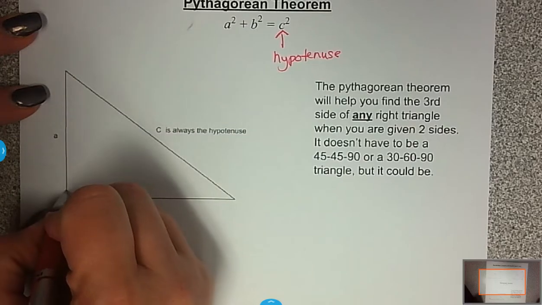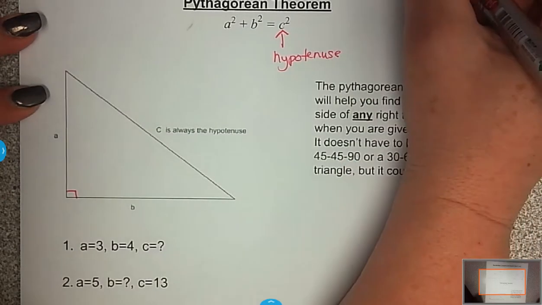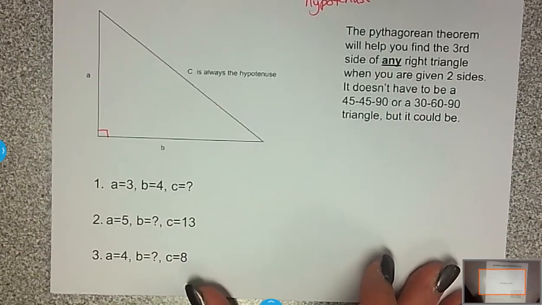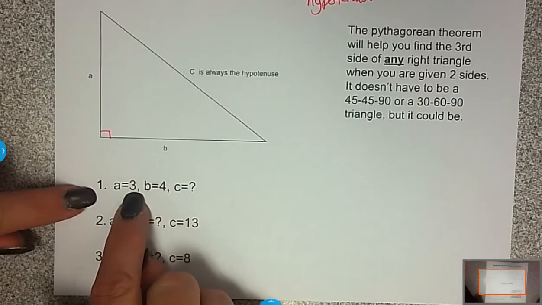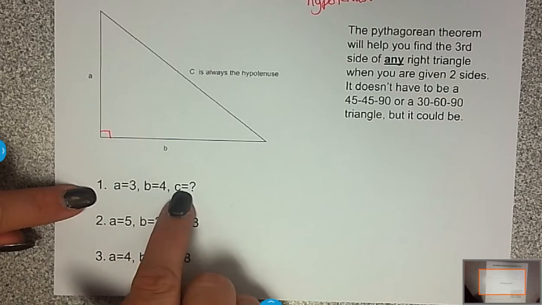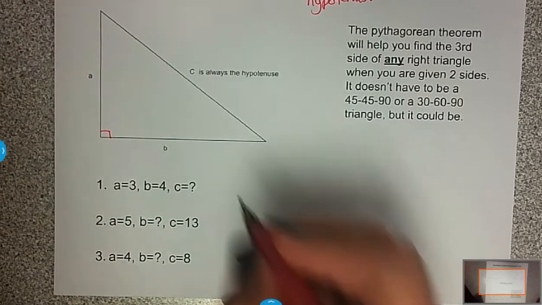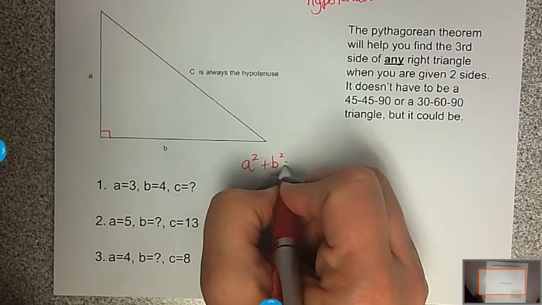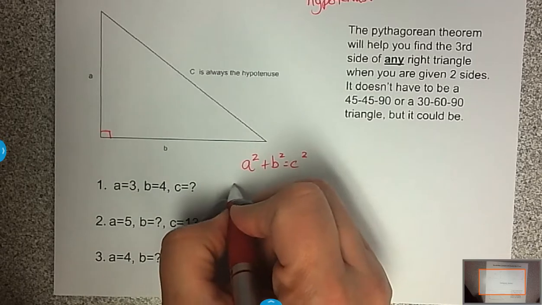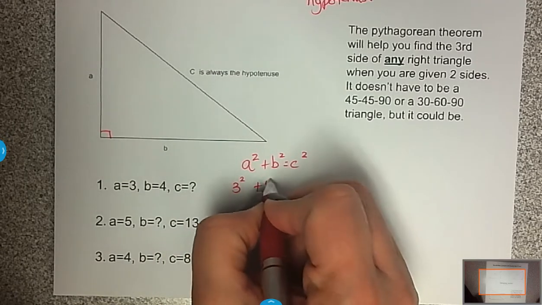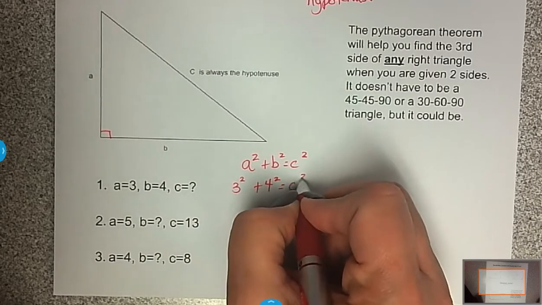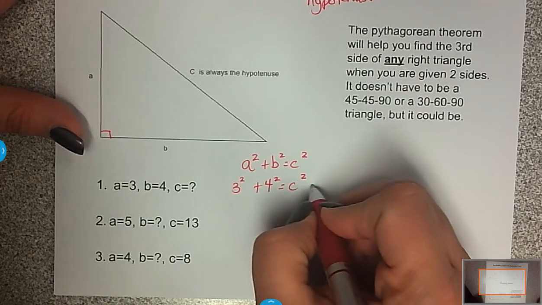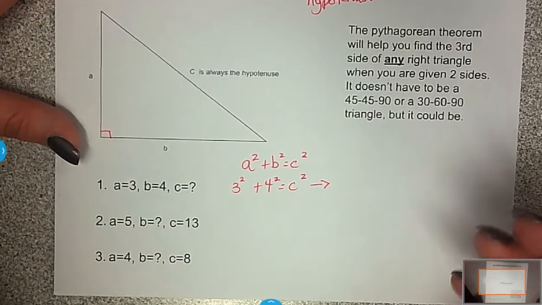So here is my right angle. And in the first problem, they tell me that A is equal to 3, B is equal to 4. I'm supposed to find C. So when I plug into my Pythagorean theorem, I have 3 squared plus 4 squared equals C squared. And where we go from there is go ahead and square the 3 and the 4.